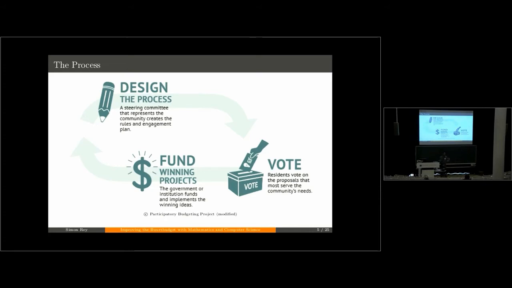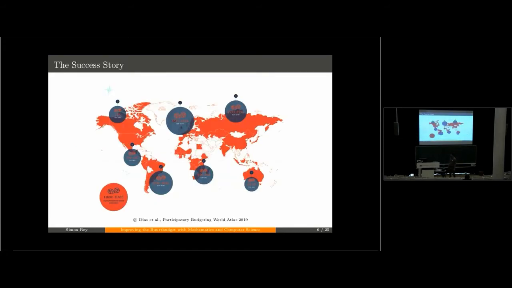There's some way of thinking about the process, the way you want to ask the people, how the people will give their opinion, the way you want to count the votes, all these things. Then comes the actual vote, and then you decide on the set of projects that will be funded in the end.